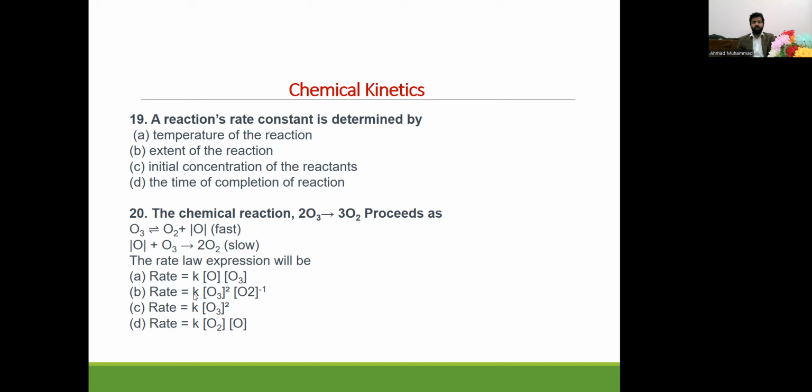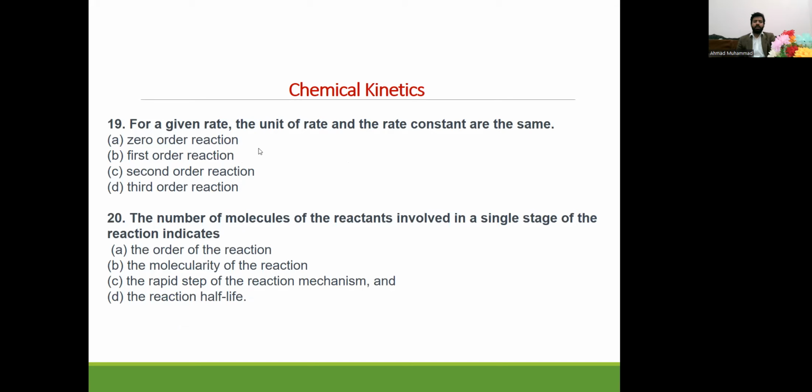Second option is rate equal to K into concentration of ozone square into concentration of oxygen inverse. Third, rate equal to K into concentration of ozone square. Fourth, rate equal to K into concentration of oxygen into concentration of molecular oxygen. So the right option is B, because the second step is the slow step, so we can write the equation that way. So rate is equal to K into O3 square into concentration of oxygen inverse.